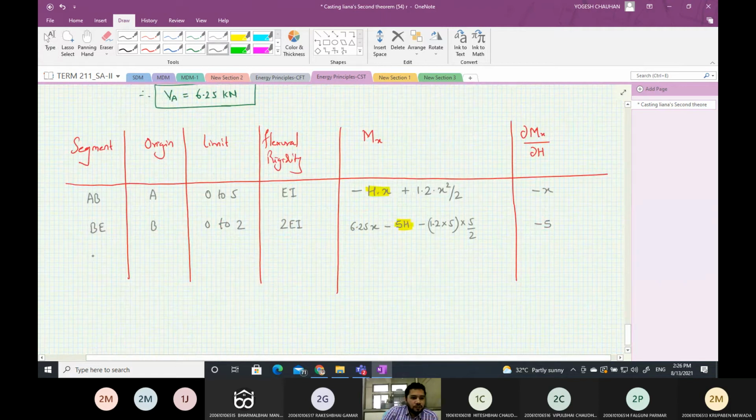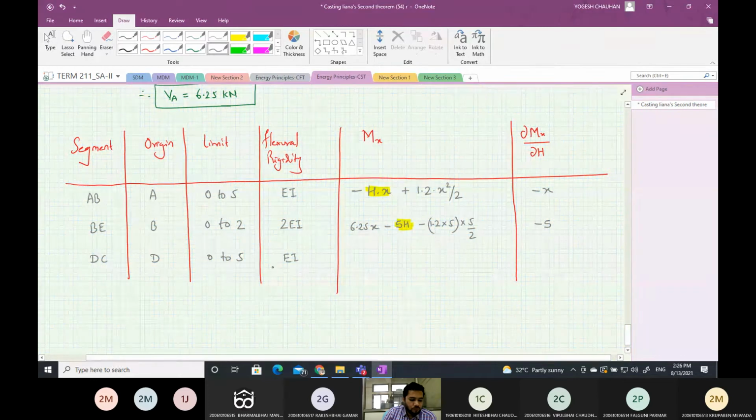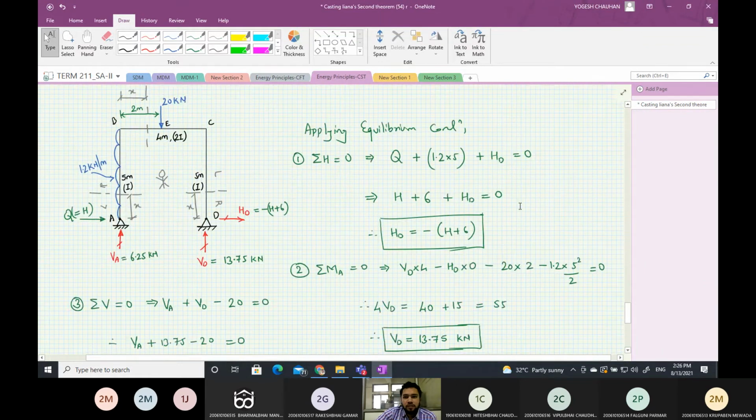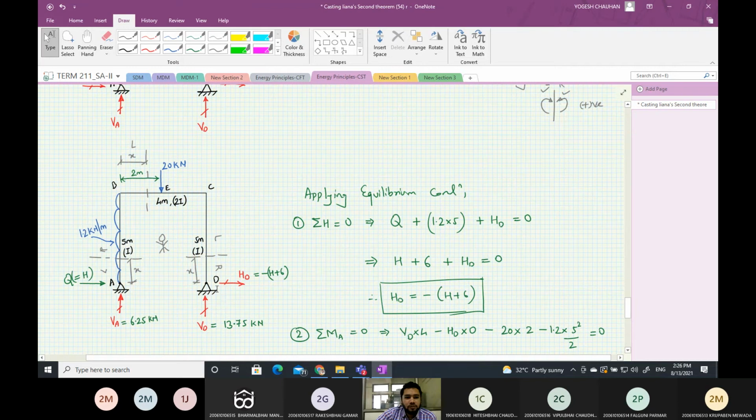So let us take this DC member, origin as D, limit is 0 to 5, flexural rigidity is EI, and the moment equation here, sign convention is anti-clockwise as positive. Now this HD, which is acting upward, will cause anti-clockwise moment.